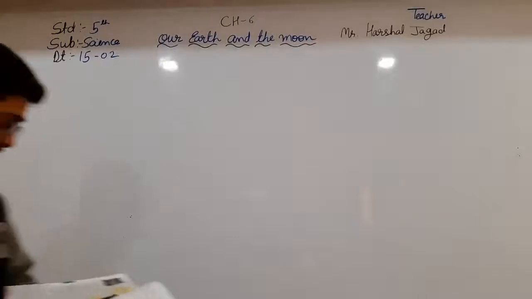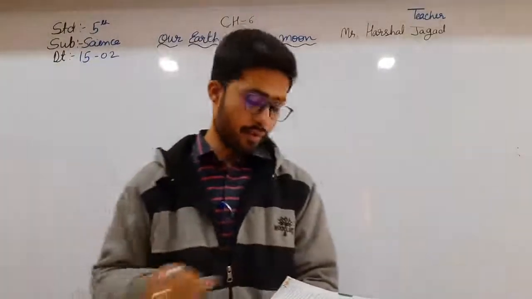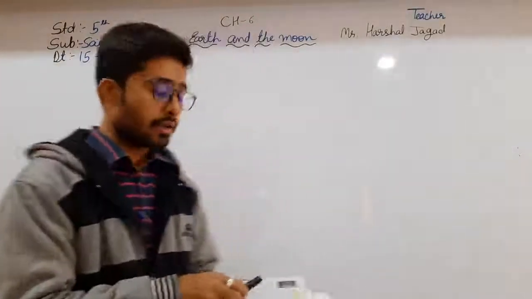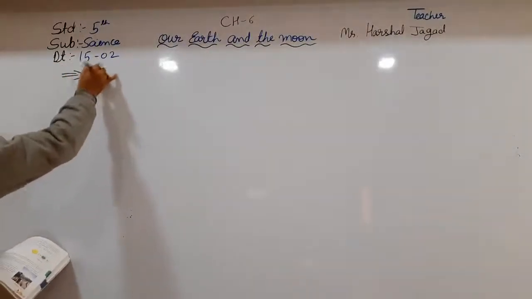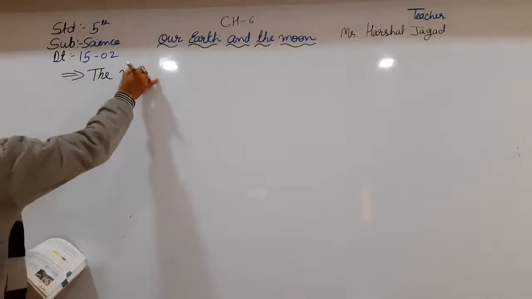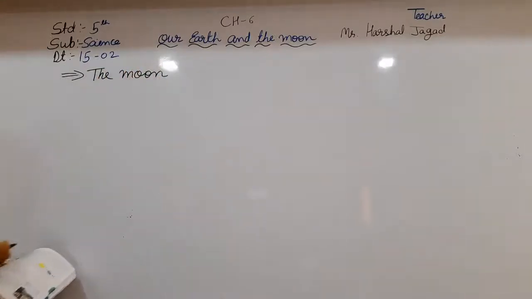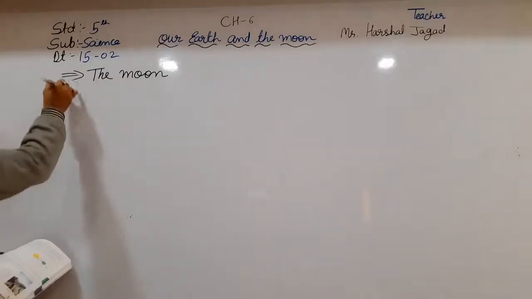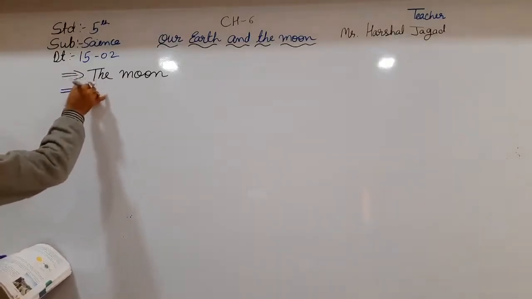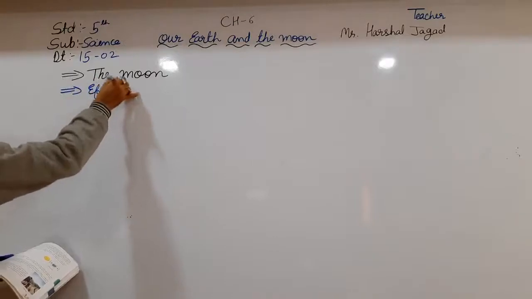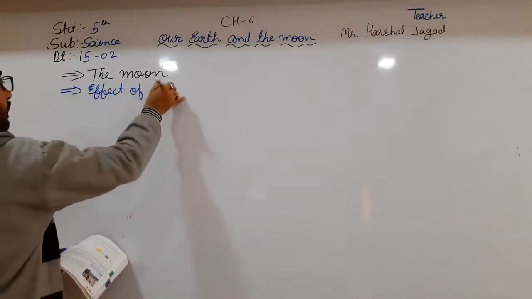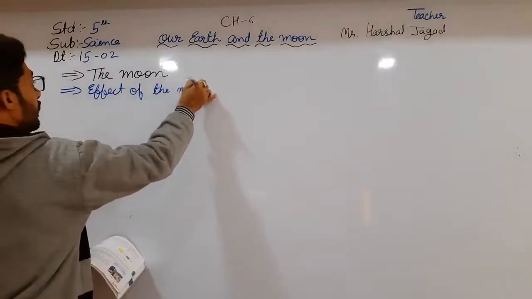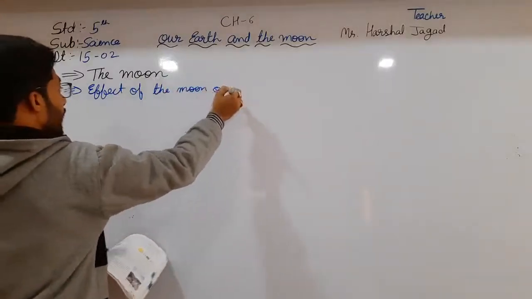Now our next topic, that is, the effect of the moon on tides. The first topic that we have seen was the moon. Another topic is the effect of the moon on tides.